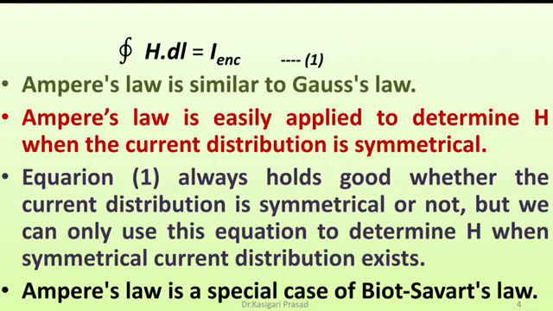Similar to Gauss's law, where a Gaussian surface is needed, Ampere's circuit law is applicable only if an Amperian circuit is available. An Amperian circuit or Amperian path is nothing but a symmetrical current distribution. Ampere's law is a special case of Biot-Savart's law.